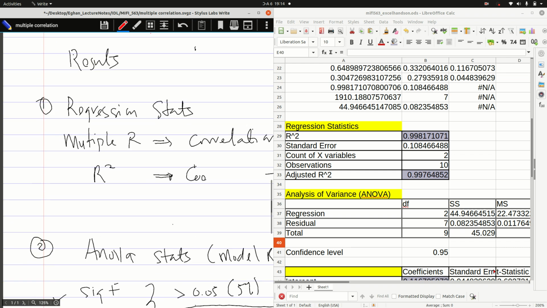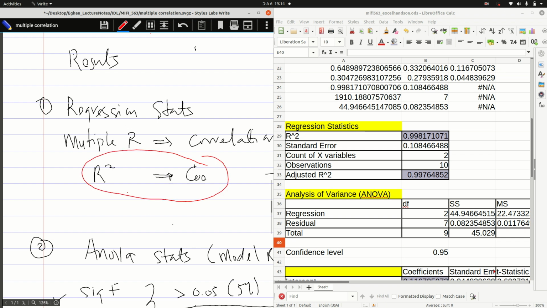Okay, so realize that with an Excel sheet output, our R square is the coefficient of determination. We didn't have the multiple R. Multiple R would have given the correlation value. Mine didn't show. So we'll have R square, which is the coefficient of determination.